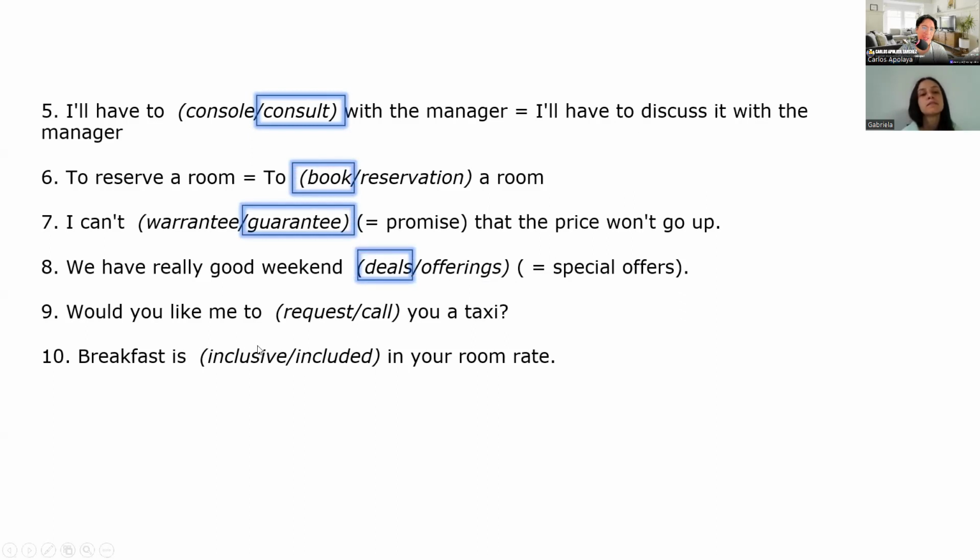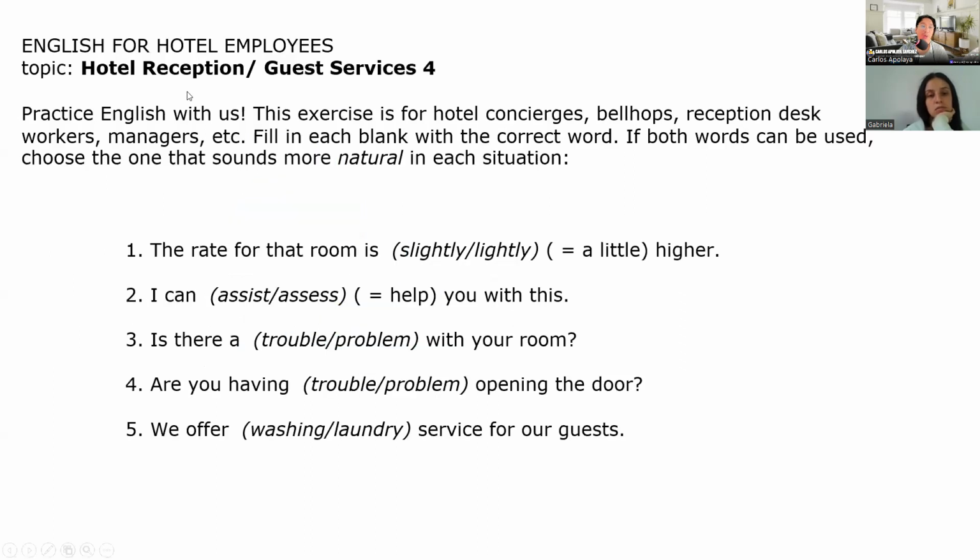Would you like me to request or to call a taxi? I need to call. Breakfast is inclusive or included? Included. Hotel reception, guest services, number 4. The rate for the room is slightly or lightly?